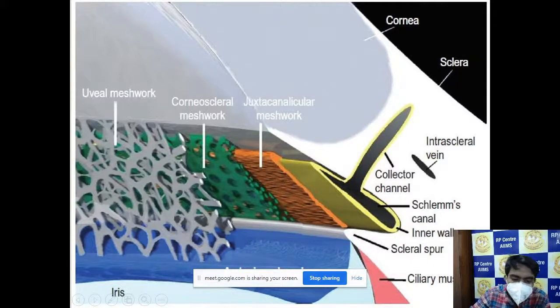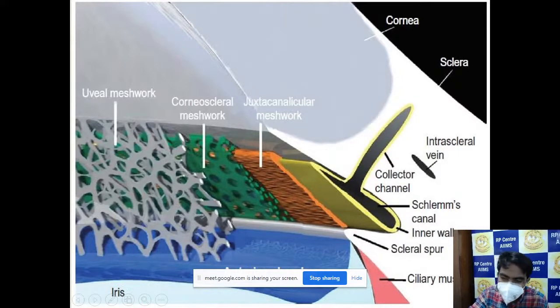The meshwork which actively filters the aqueous is the juxtacanalicular meshwork, with pores of 2 to 10 microns in size, and then these trabecular meshwork spaces get connected into Schlemm's canal.